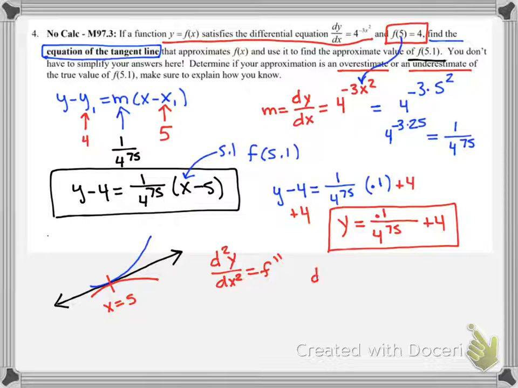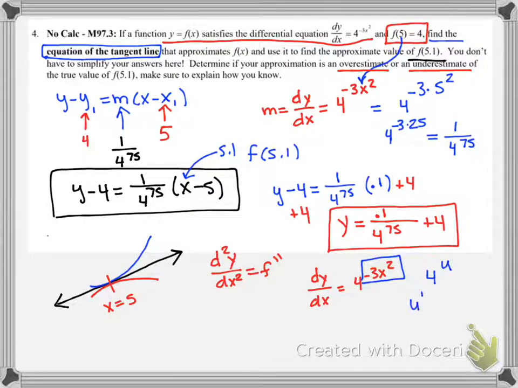If my first derivative is 4 to the negative 3x squared, then I need to find the second derivative. Well, this is going to be a chain rule problem. I have an inner function of negative 3x squared, so it's really 4 to the u.